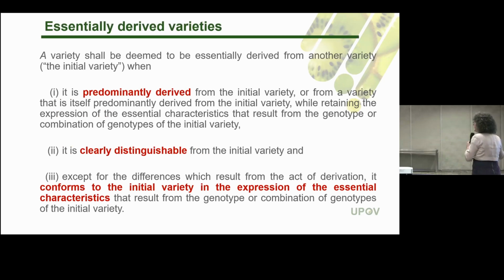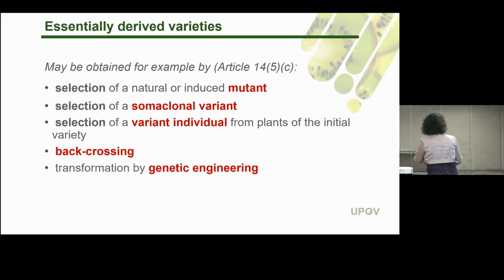So this is the definition of essentially derived variety under the UPOV Convention. As you can see, there are three main elements: predominantly derived, clearly distinguishable, and retains the essential characteristics of the initial variety. But let's also look at what the UPOV Convention explains as possible means to obtain essentially derived varieties.